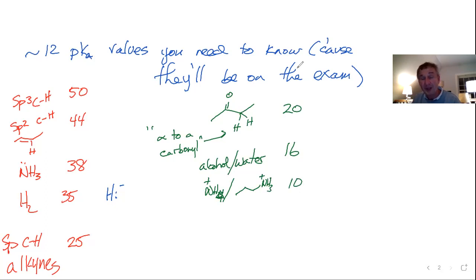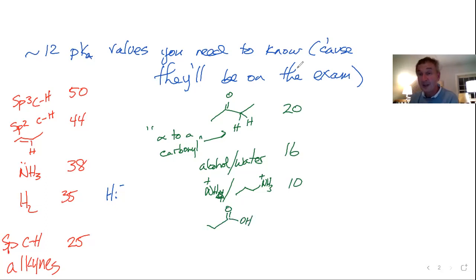Still pretty weak as an acid. We still consider these weak acids. That amine likes being ammonium, a positively charged amine. We've seen this numerous times in the 2 videos.